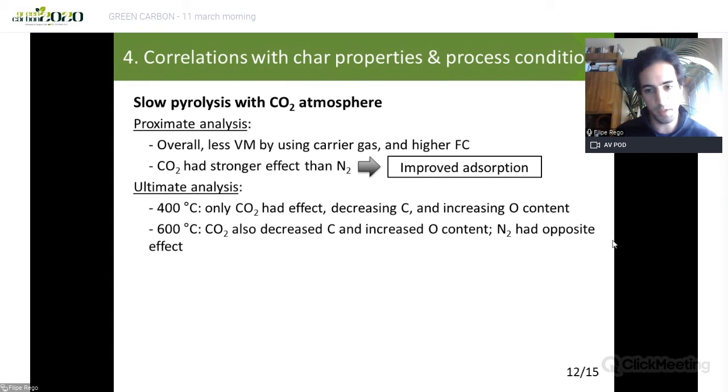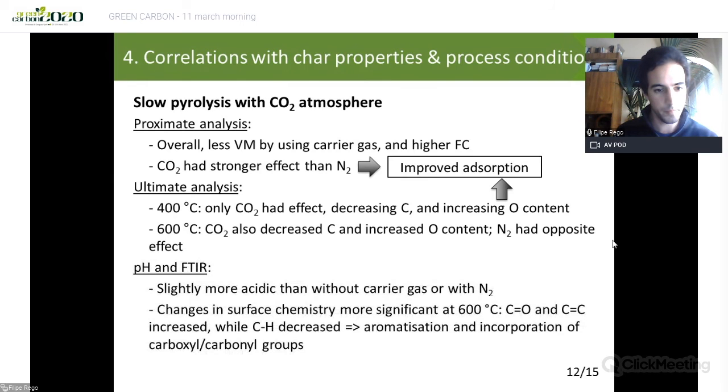And there was an increase in oxygen content, which again was related to this adsorption and more chemical functionalities to remove the methylene blue. In terms of pH, the CO2 chars were slightly more acidic, which was also connected to these oxygen functionalities. And there were other surface chemistry changes for 600 degrees.